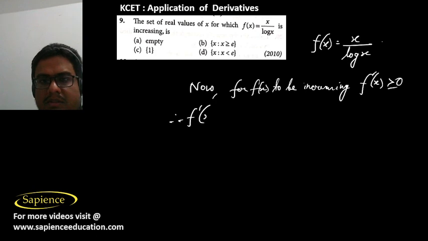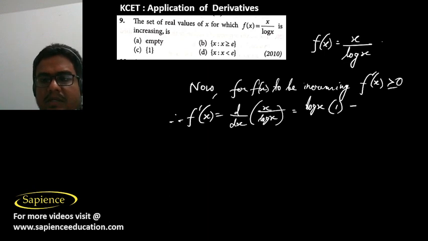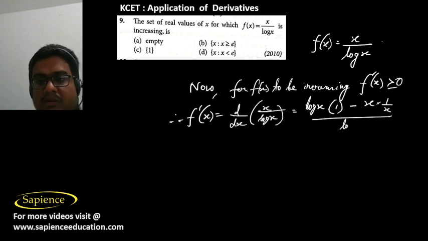F dash x, that is log x into d by dx of x minus x into d by dx of log x, divided by log x whole square.